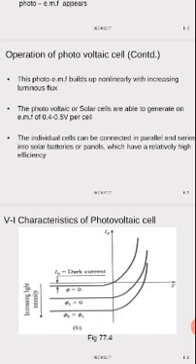Here the arrow mark shows increasing light intensity.